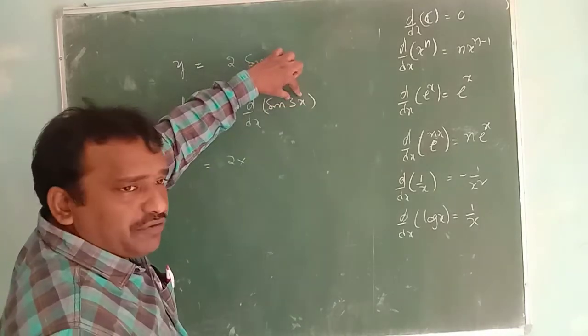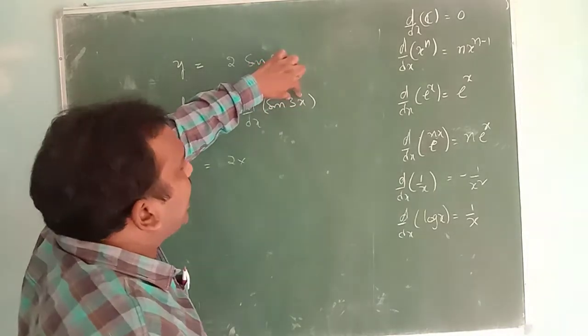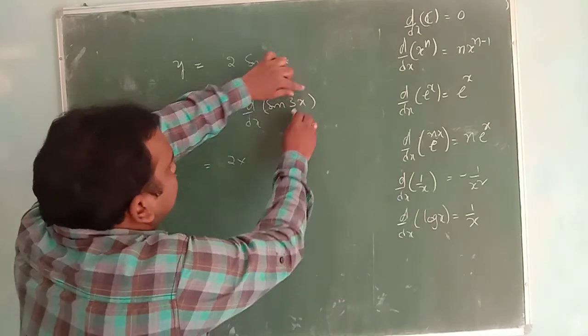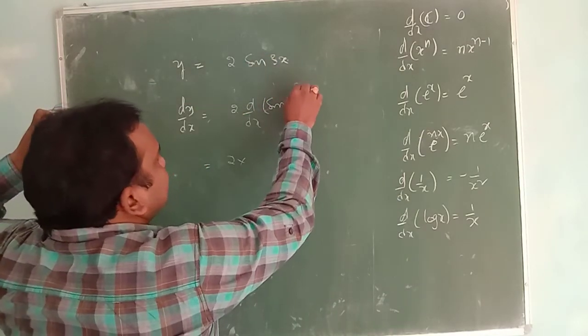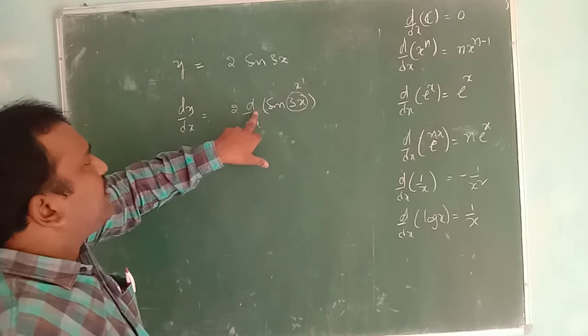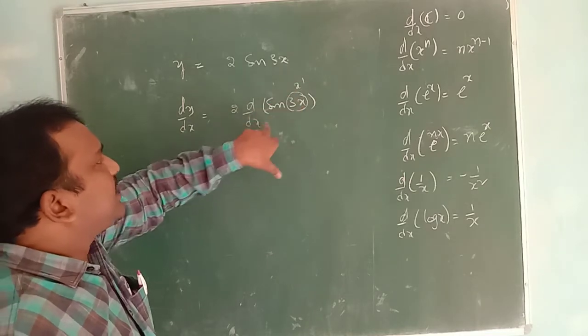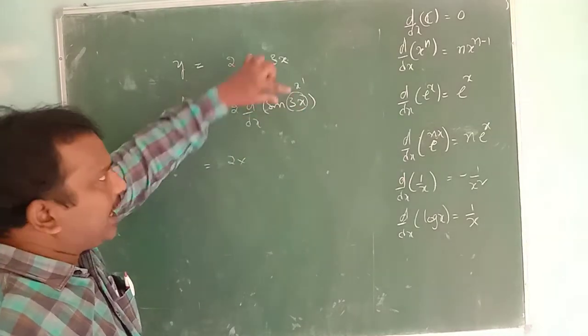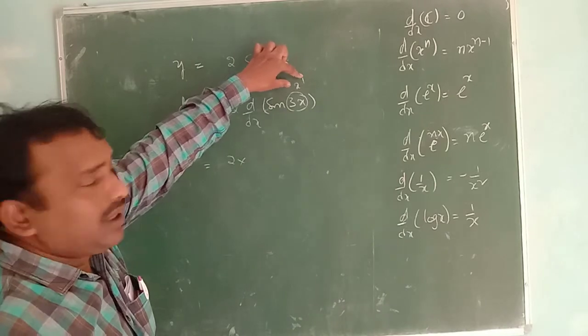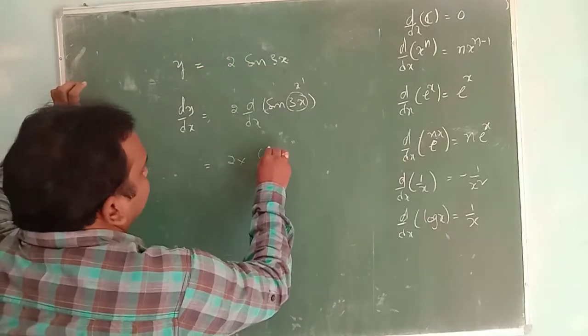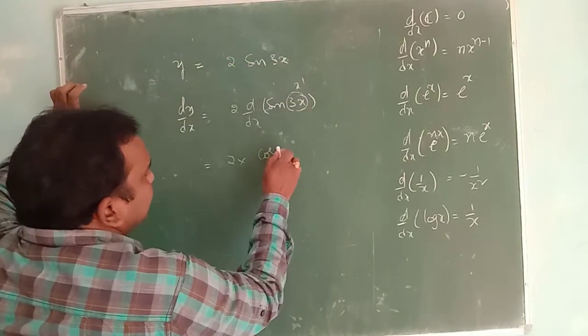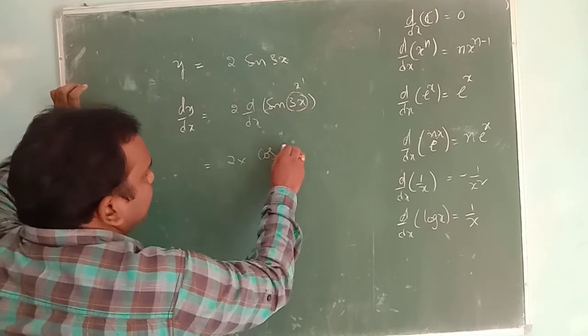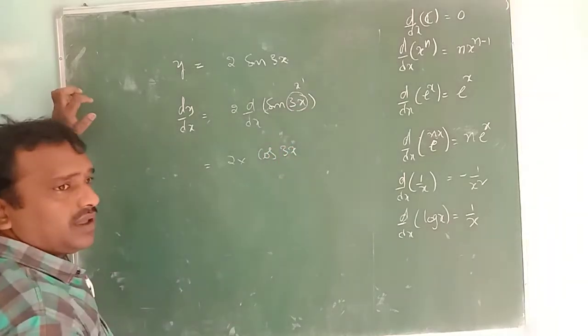Instead of x, what are we having? 3x we are having. So suppose this is to be considered as x dash, then differentiation of sin x dash with respect to x dash, I am supposing here, then what will happen is you will get cos x dash. Cos x dash is nothing but cos 3x.